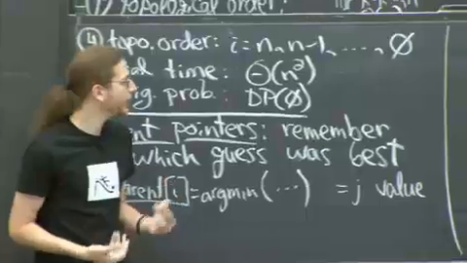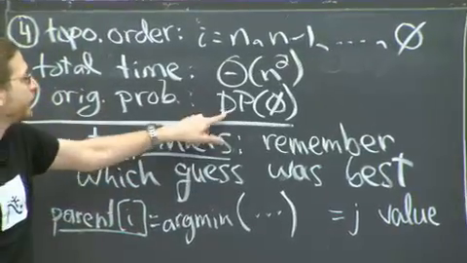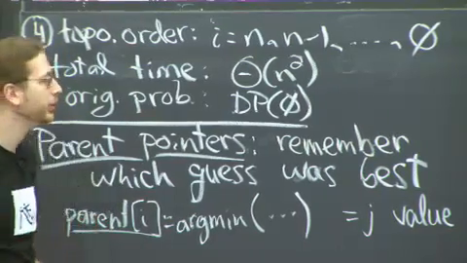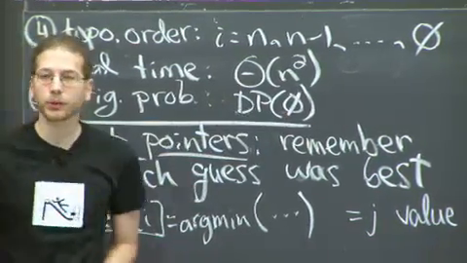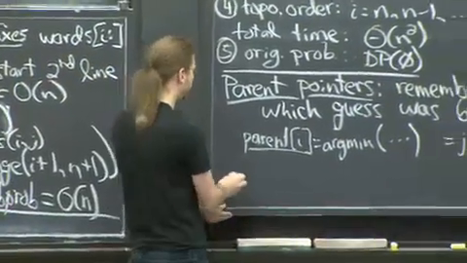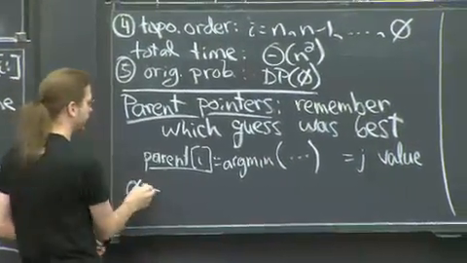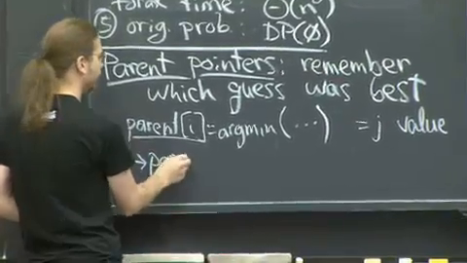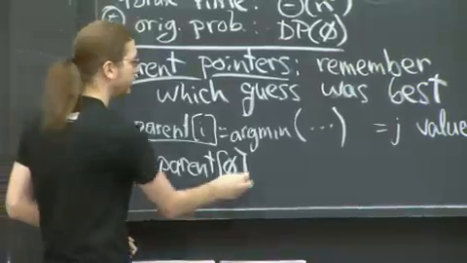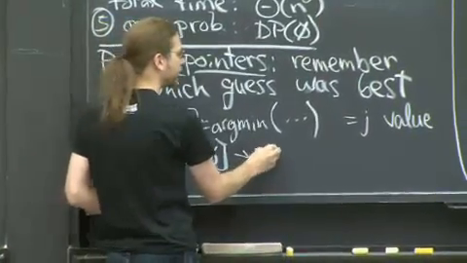And then once we're done, we start with our original problem, and we follow parent pointers to figure out what the best choices were. So we start at 0 because we know word 0 begins a line. And then 0 will be the first line. Then we go to parent of 0. That will be where the second line begins. Then we go to parent of that.